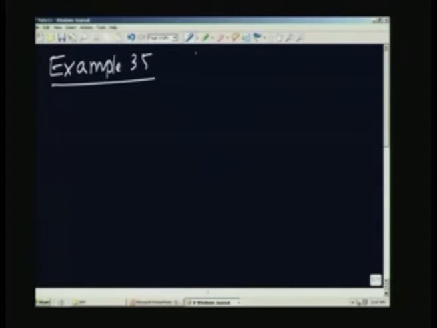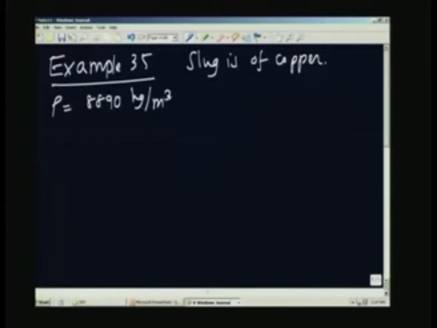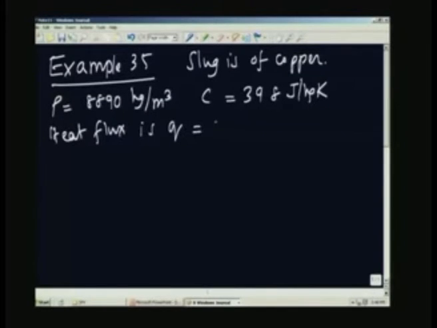This is material, slug is of copper, and copper properties can be taken from a handbook. The density is 8890 kilogram per cubic meter, and the specific heat is 398 joules per kilogram Kelvin, and the heat flux is given in the problem as Q equal to 10,000 watts per square meter.